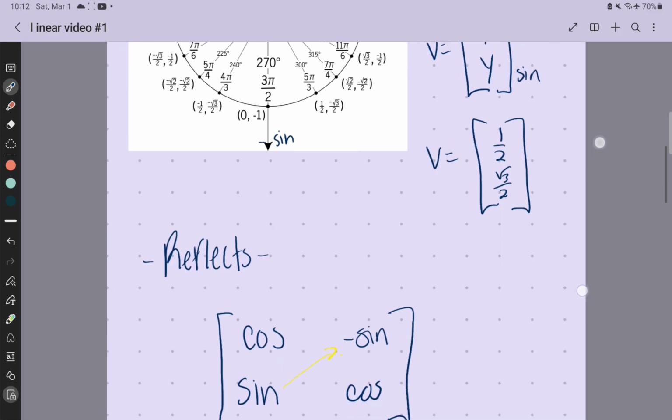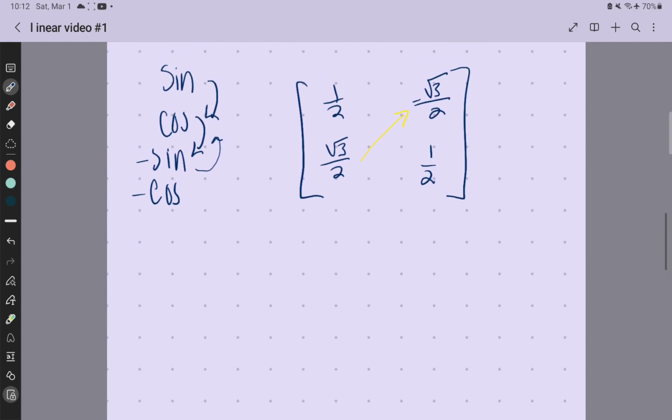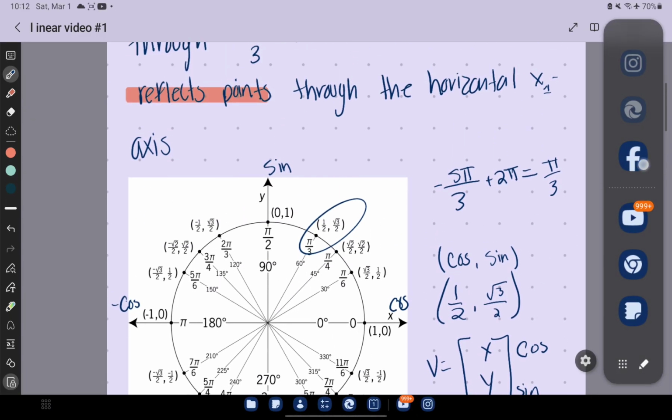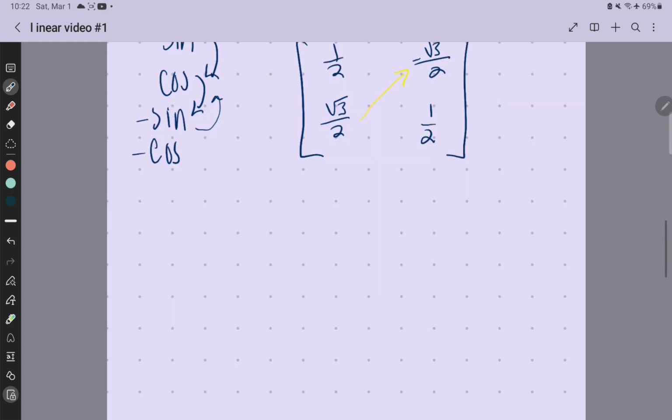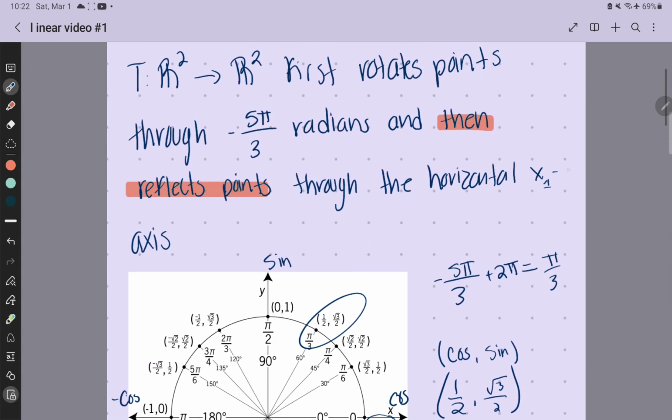So what I did was I said to myself, okay, I know that this is my coordinate for the 1/2 and the negative 3/2. So it talks about the horizontal x1 axis.